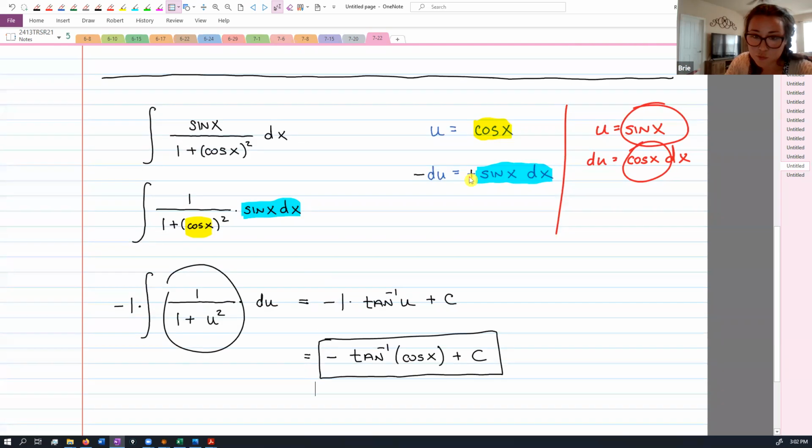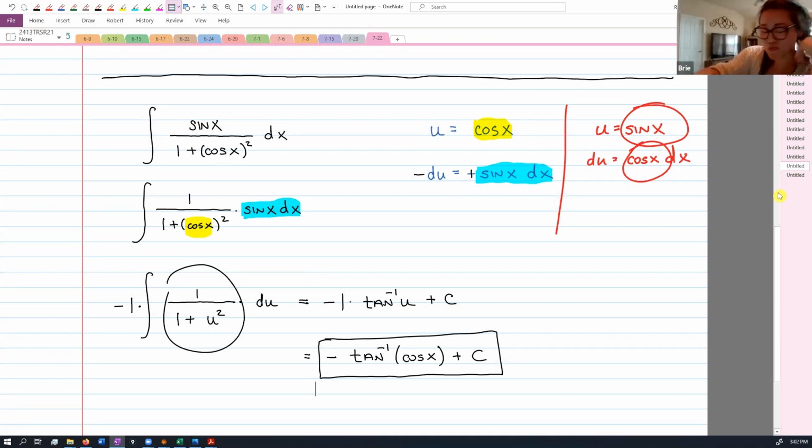I guess, oh, you didn't take the square. Oh, okay. Never mind. I get it now. Yeah, I just multiply both sides by -1. No, it wasn't that. I wrote it down as u equals cosine x and then squared. Okay, I'm good now.